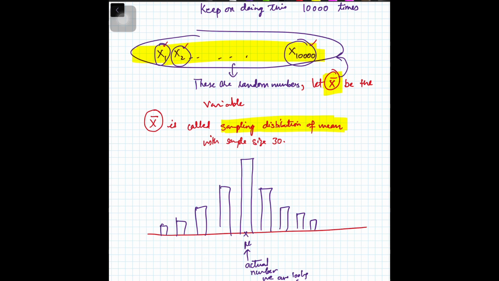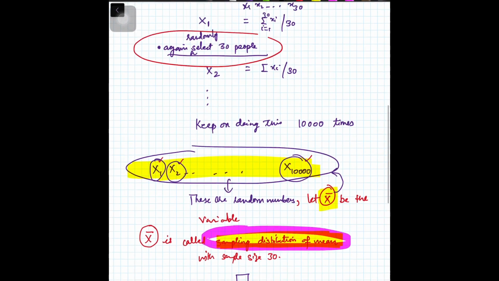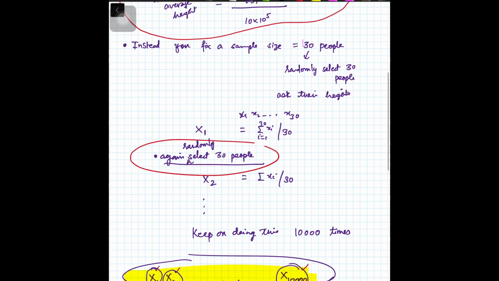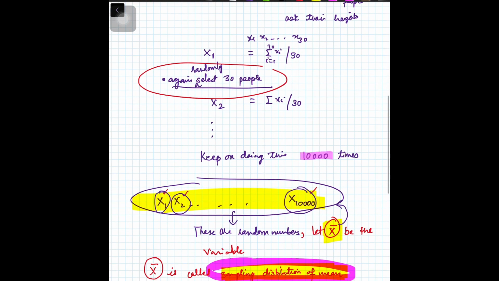We'll be working on how the distribution actually works for the sampling distribution of mean. The aim of this video was very simple: to tell you what the sampling distribution of mean is. You just select a sample size, for example here I selected 30 people, and then you select how many times you want to repeat your experiment, 10,000 here. So you'll get these 10,000 numbers.